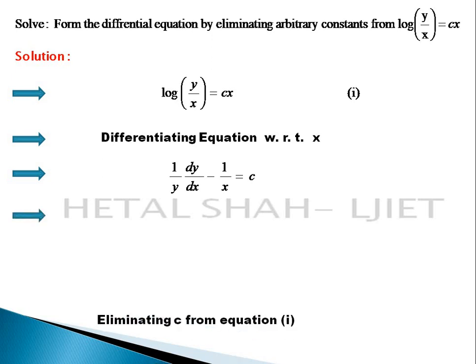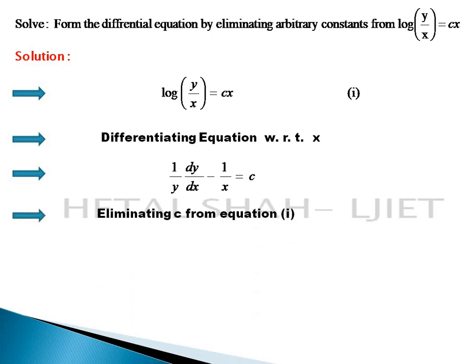Now we want to eliminate the arbitrary constant c from equation 1. For that, we substitute the value of c from this equation into equation 1. So log(y/x) is equal to, the value of c is (1/y)(dy/dx) minus 1/x, times x.